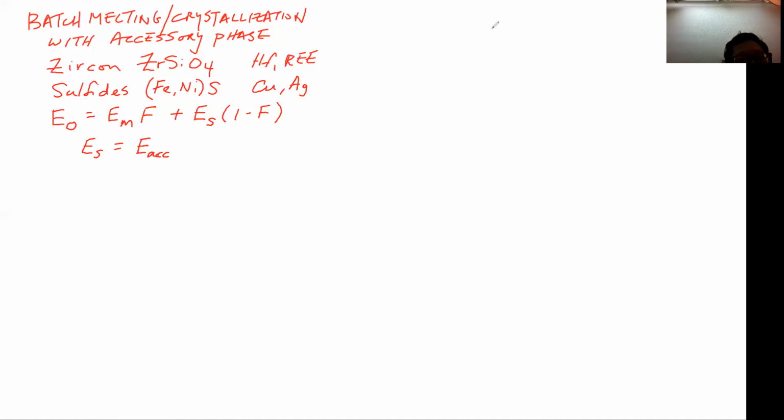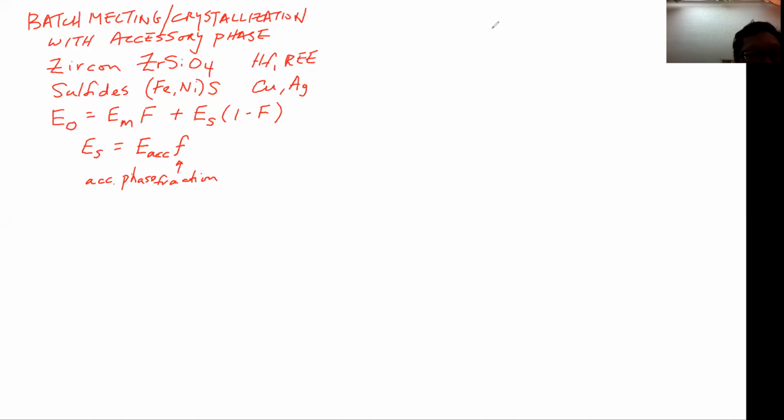Same thing with sulfides. You know how much sulfur is in a sulfide. And that's going to be multiplied by little f, and little f is the accessory phase fraction relative to the mass of the solids, not to the mass of the whole system.